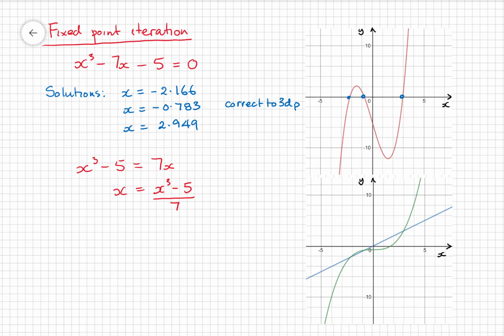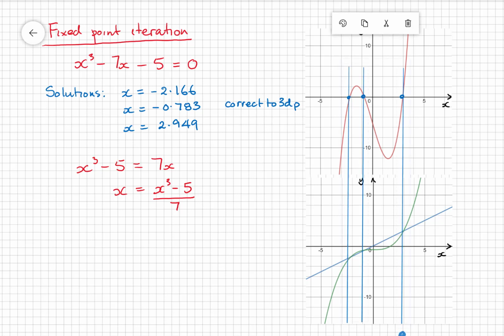And these two graphs also intersect, and with the same x-coordinates as the solutions that we're looking for from our original graph above, as I've sought to show there. The three intersections on the bottom graph are the fixed points about which we're going to perform this fixed point iteration.